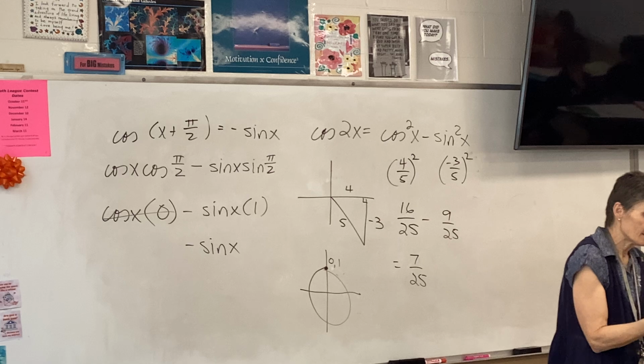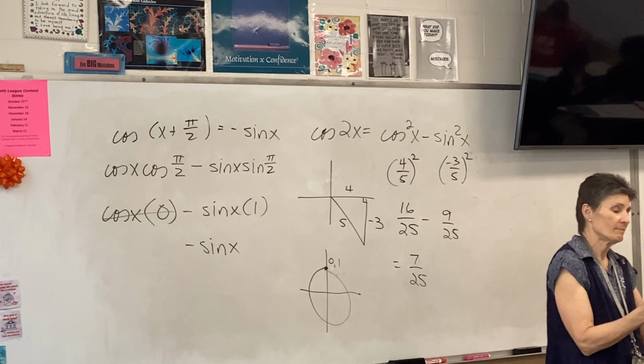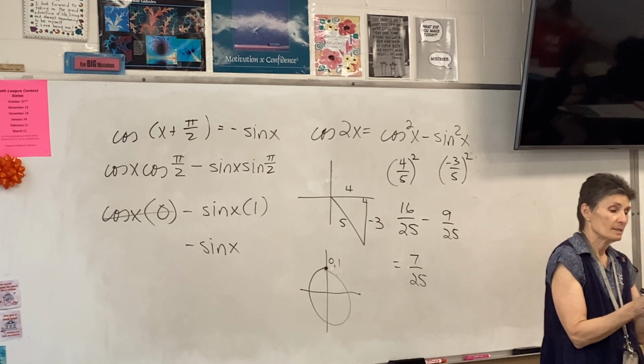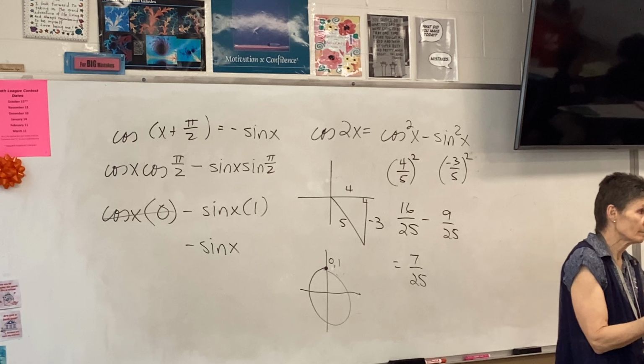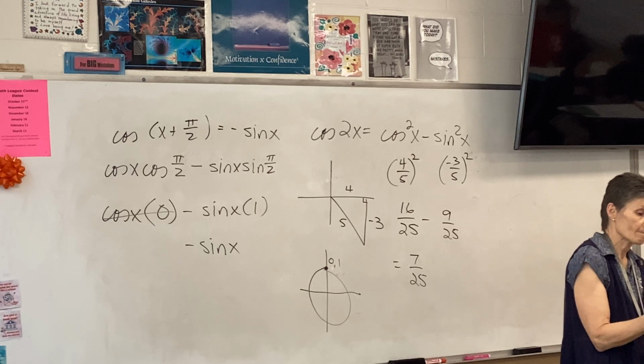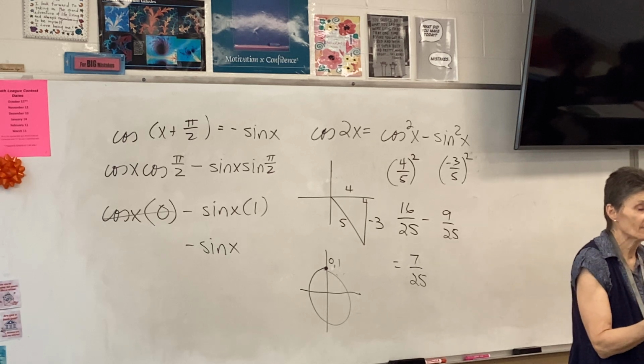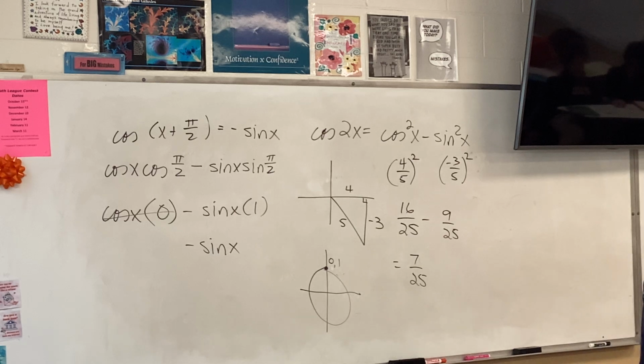Next one, this one's tricky. D is tan of u plus v. E is tan 17. Now tell me why F is tricky. Because it's sine minus cosine, so it's backwards. What would the formula be if it were in order? It'd be cosine of u plus v, 15 plus 11, so cosine 26.